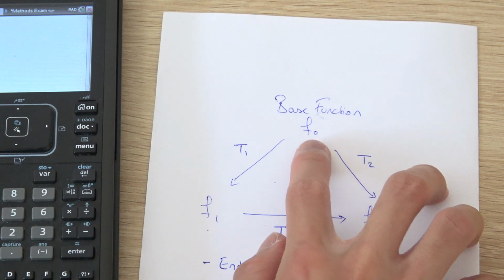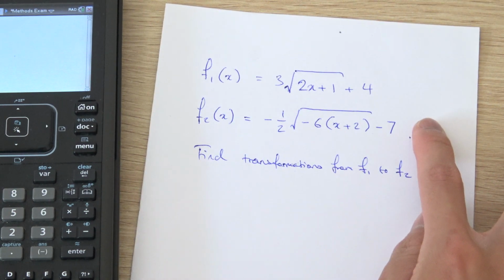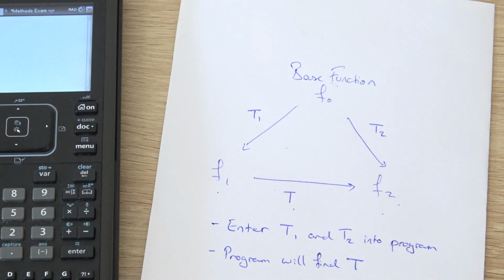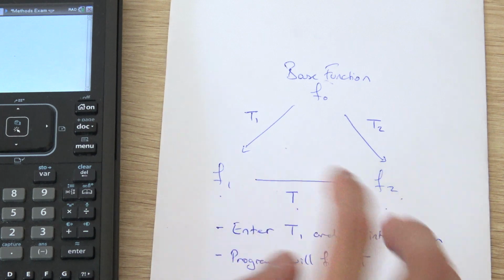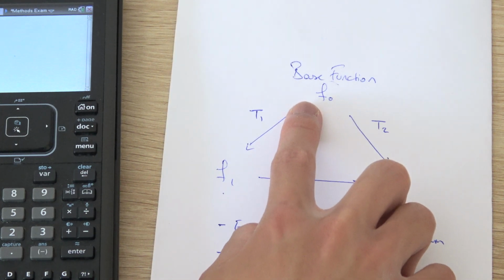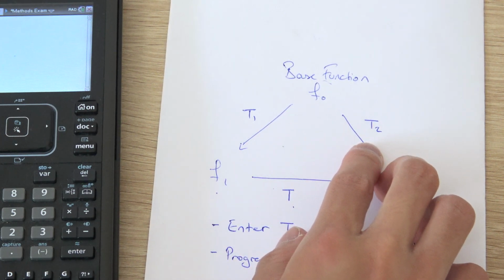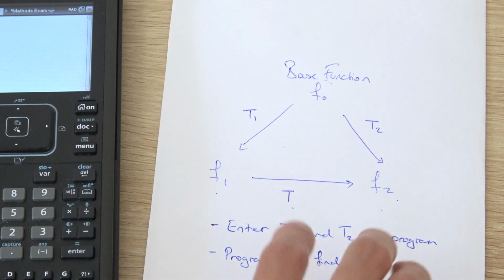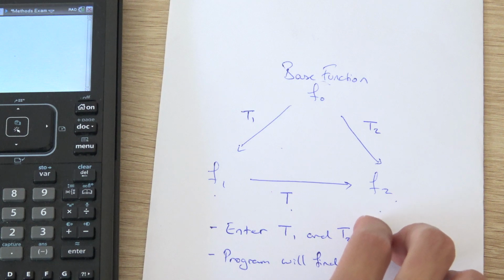How we use it is we put in some kind of base function. In this case it would be just the square root of x. The base function is the function with no transformations applied. If we know how to get from the base function to the first function, f1, and if we know how to get from the base function to f2, if we know these two transformations, all we need to do is put them into the CAS, and the CAS will tell us the transformations to get from f1 to f2.